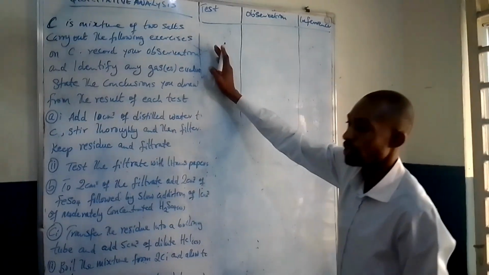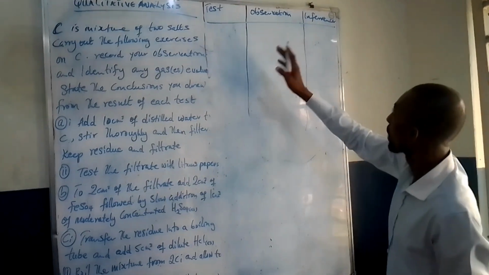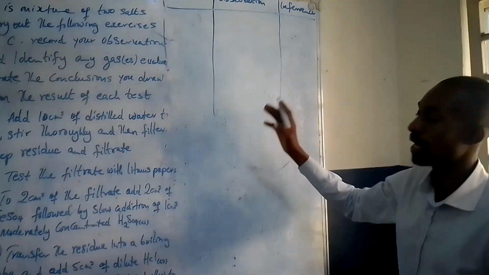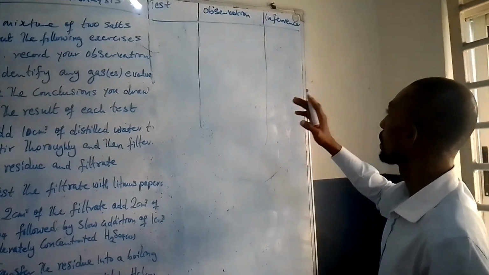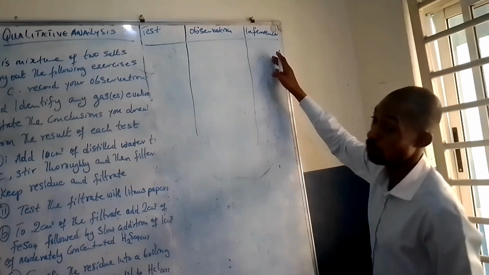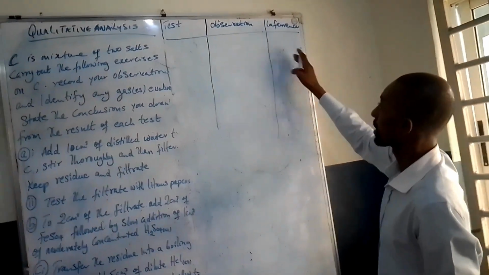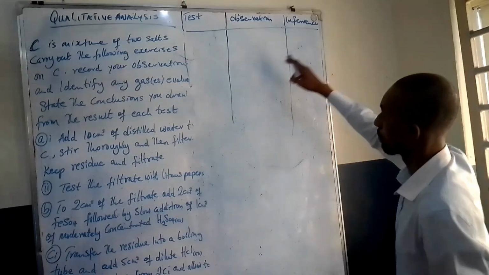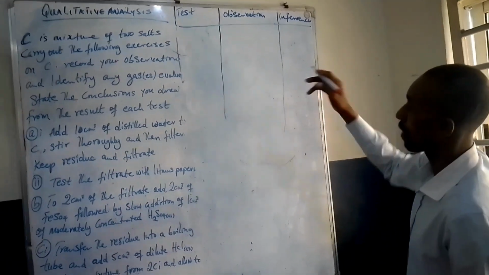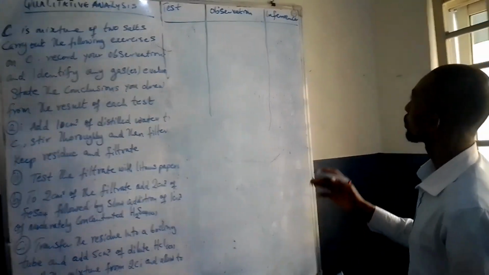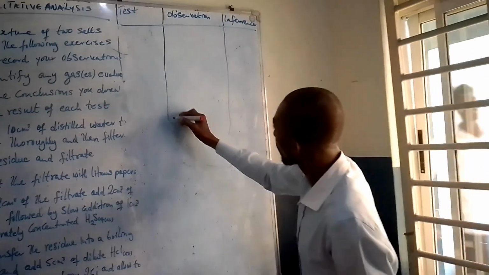The test does not have any mark. The marks are in the observation and your inference. A wrong observation can make you fail the inference, even when the inference is correct. And if you observe well and the inference is wrong, you will still lose marks. So anything you are doing, make it short, correct, specific and simple, with no complex things.